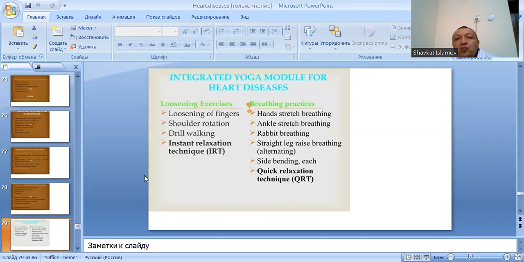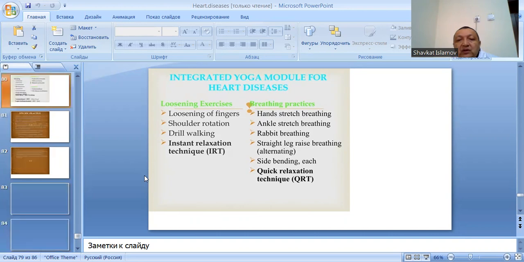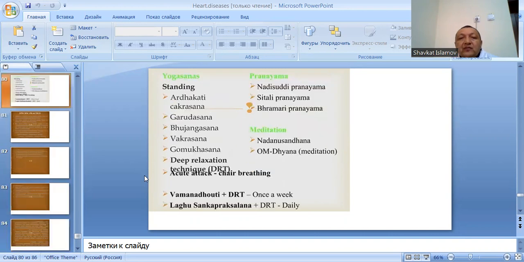Integrated module for heart disease: pulsing of fingers, shoulder rotation, drill work, and sterilization therapy. Hand stretch breathing, ankle stretch breathing, rabbit breathing, side bending, quick relaxation technique. Yoga asanas, pranayama, dilation.